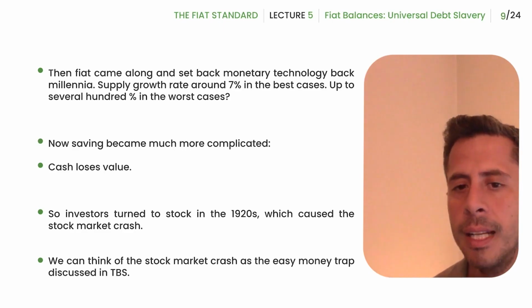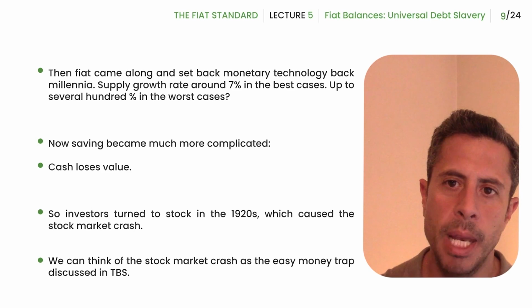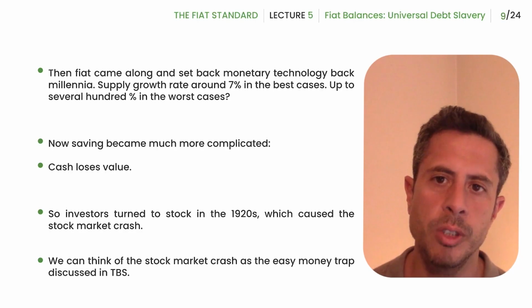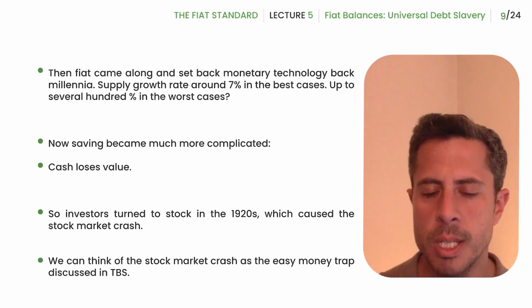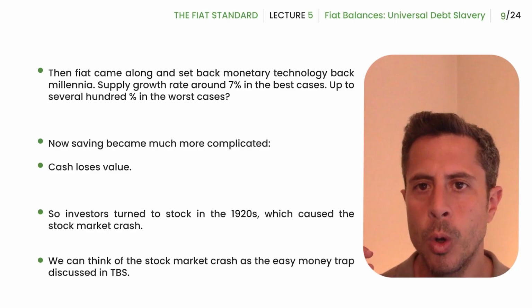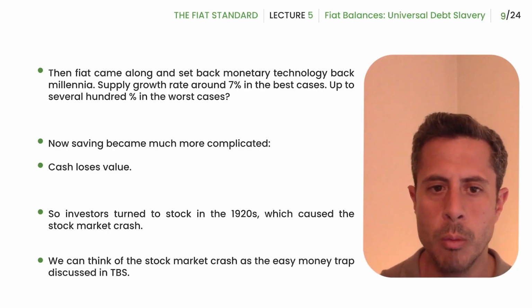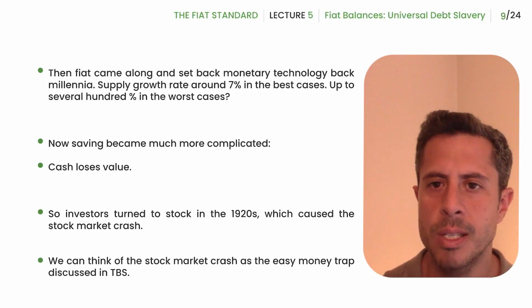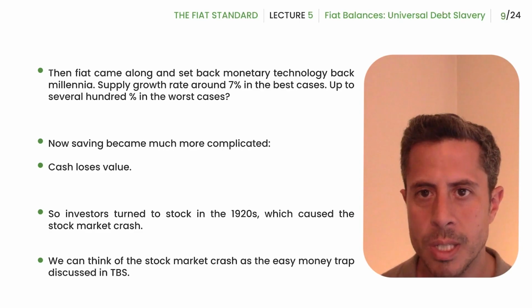But then fiat comes along, and it sets back monetary technology millennia backwards. Supply growth rate was around 7% in the best cases, up to several 100% in the worst cases. So we go from a world in which our money supply is increasing at around 1-2%, so we know with a lot of certainty that we can provide for the future, to a world in which our money supply is growing at around 7% in the best of cases, but the average over 60 years was around 14%.